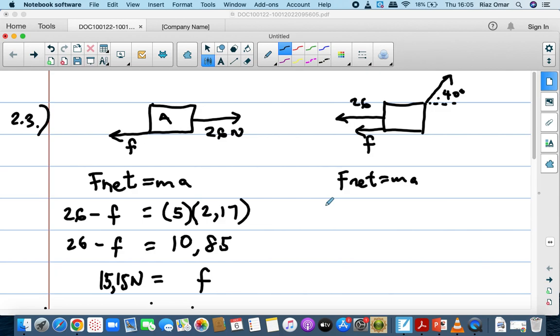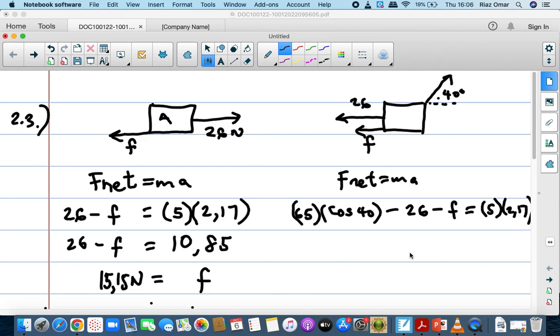So if you write here, your net force will be 65 cos 40 degrees. That's the applied force to the right. And the force in the negative direction will be minus 26 minus the frictional force, equal to the mass, which is 5, and your acceleration, which is 2,17.